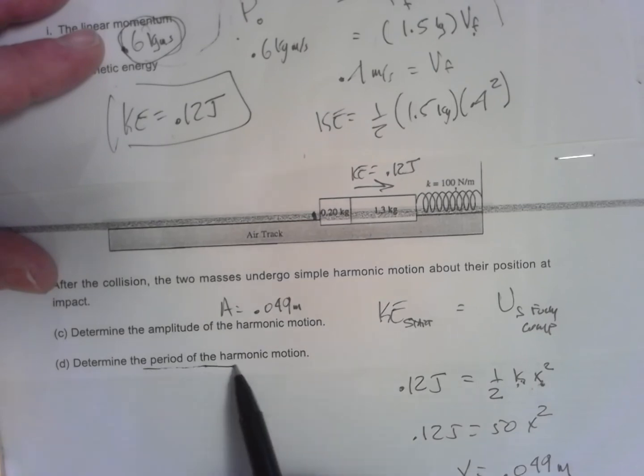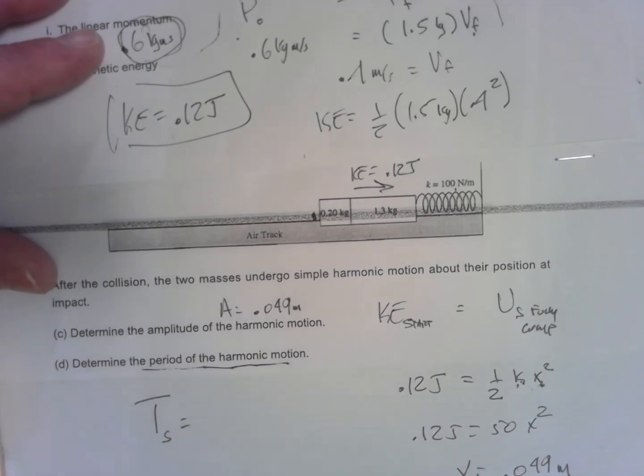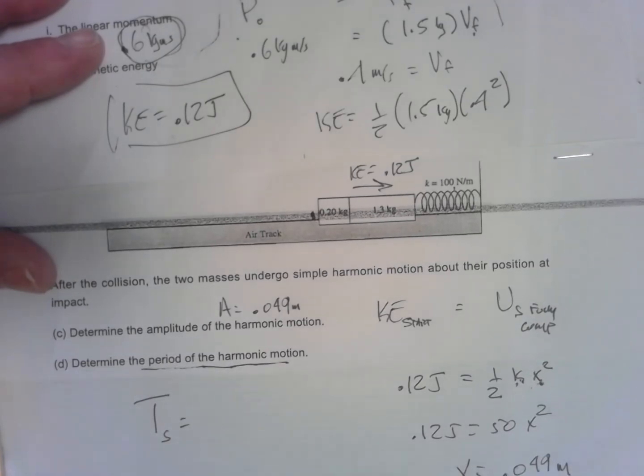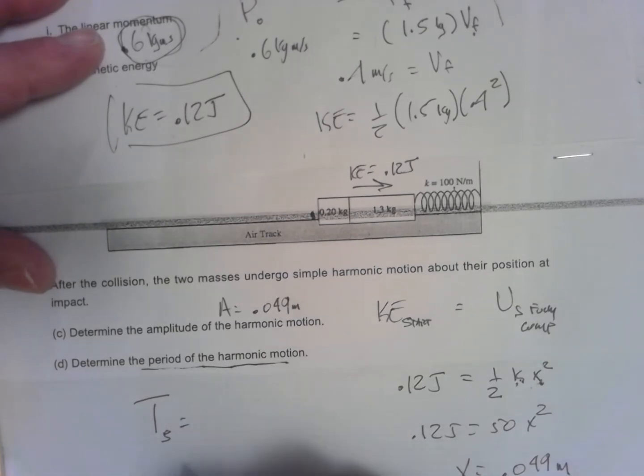Determine the period of the harmonic motion. All right, so you have to look through your equation sheet for the period of a spring, not a pendulum. I'm doing this from memory, there's a square root involved, I know that.